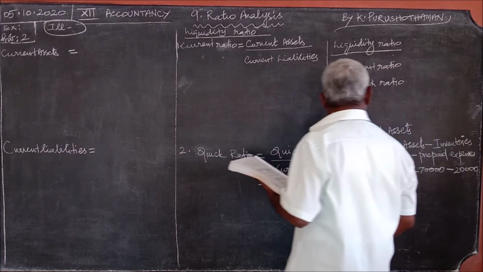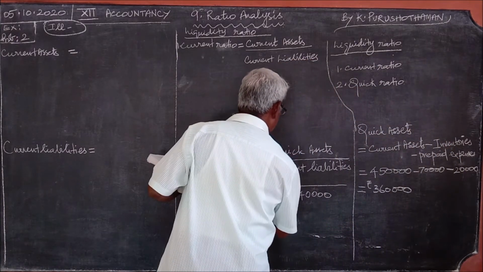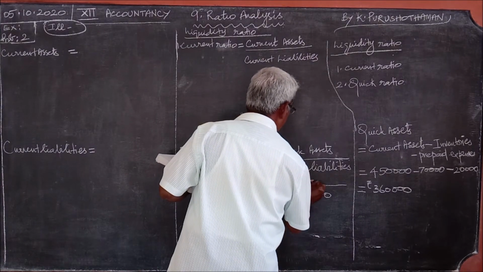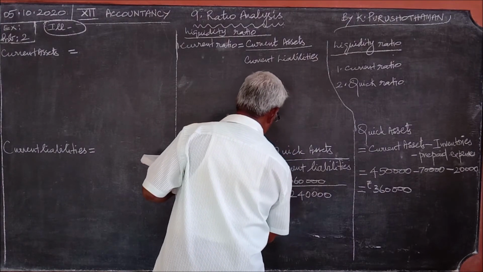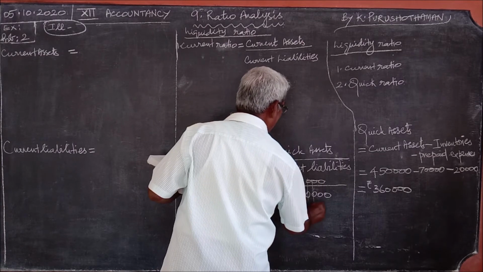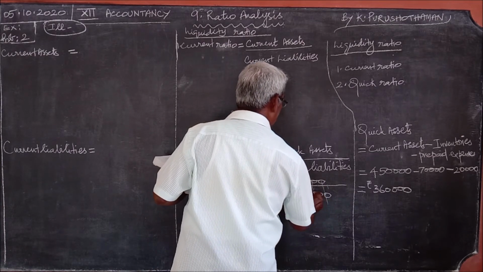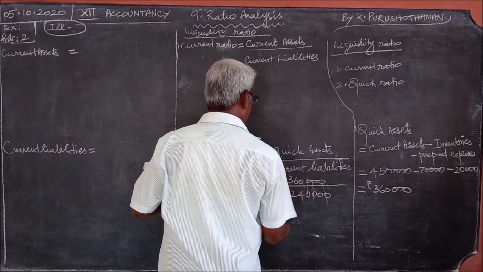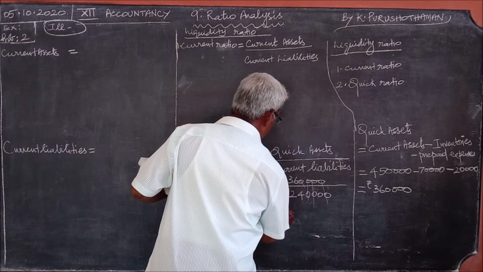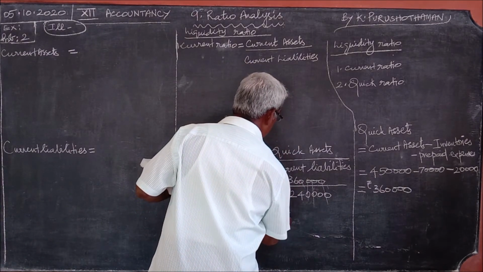3,60,000. So the quick asset is 3,60,000. If you simplify, 3 zeros cancel and 4 to 0 also cancel. Here 3 12s are 36, 2 12s are 24.